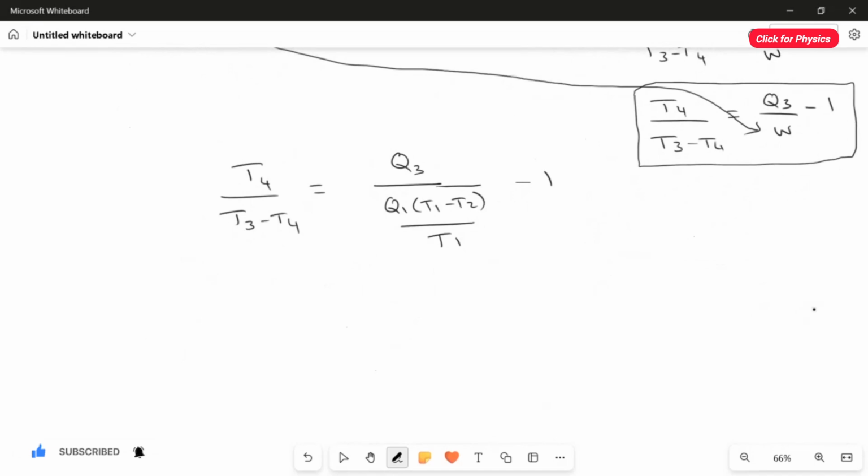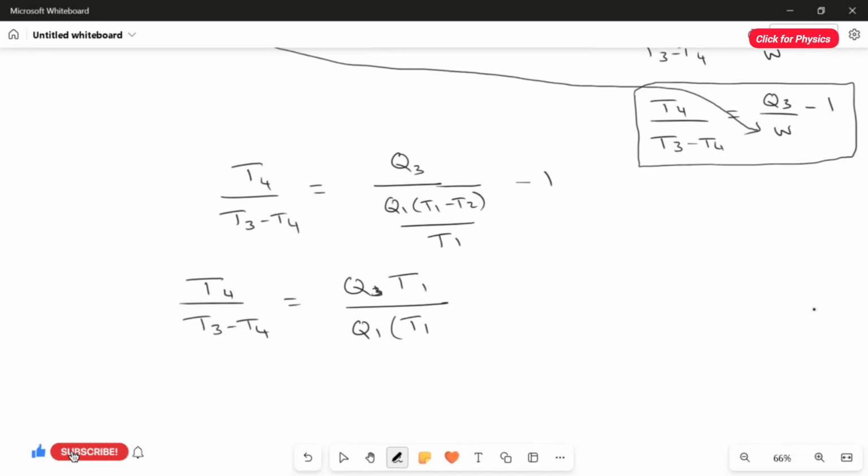So generally, by the mathematical rule, this T1 will go to the top. So this equation becomes T4 over T3 minus T4, which is equal to Q3 multiplied by T1 over Q1 multiplied by T1 minus T2, minus 1.